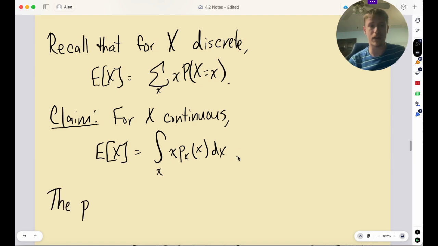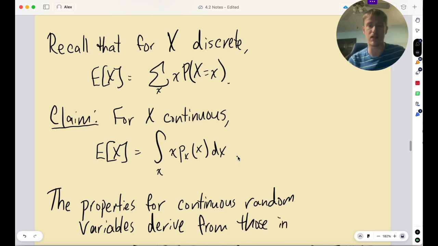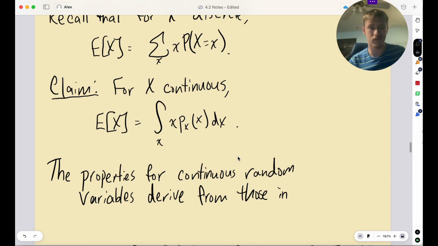One comment before we get into a practical example is that the properties for continuous random variables derive from those in the discrete case. And what do I mean by properties?